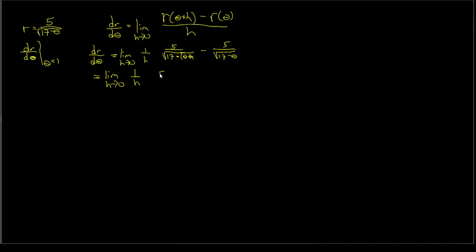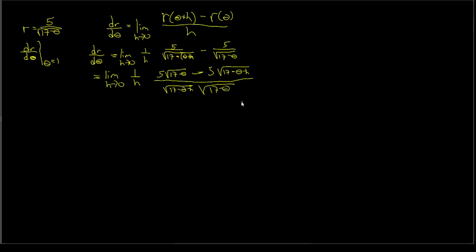So this will be 5 times the square root of 17 minus theta minus 5 times the square root of 17 minus theta minus h. I'll distribute the negative sign through, all over these two things multiplied together: the square root of 17 minus theta minus h times the square root of 17 minus theta.